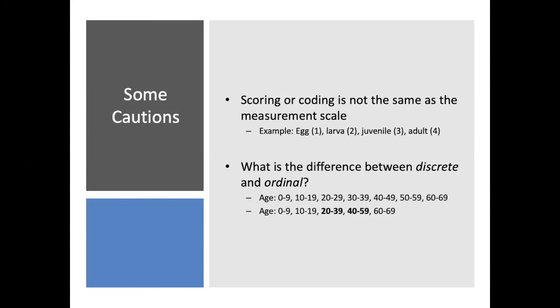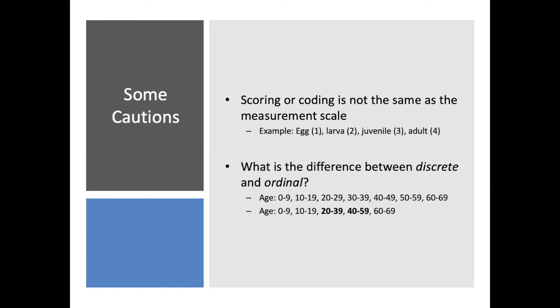The second important point to make is that there's an important distinction between discrete numeric variables and ordinal variables. We might decide to classify age into decades as being between 0 and 9, 10 to 19, 30 to 39, 40 to 49, etc. And this would be a discrete numeric variable measured in units of decades.